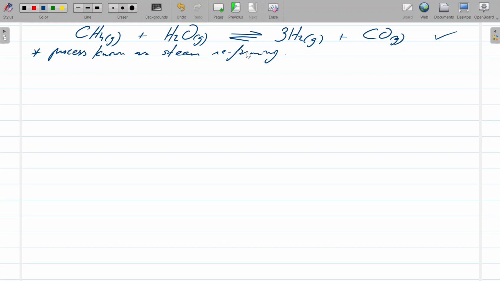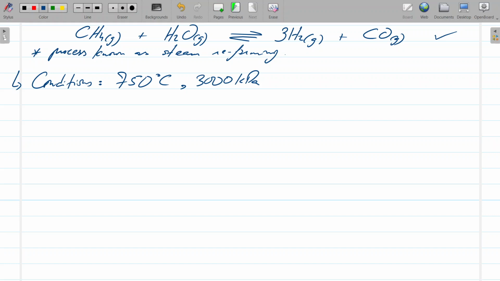What happens in this reaction is that it occurs at 750 degrees centigrade at 3000 kilopascal. So what are the conditions for this reaction? You have 750 degrees centigrade, 3000, not pascals, kilopascals, which is basically 3 million pascals.